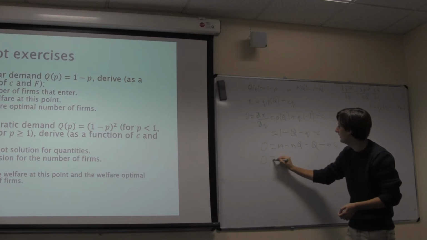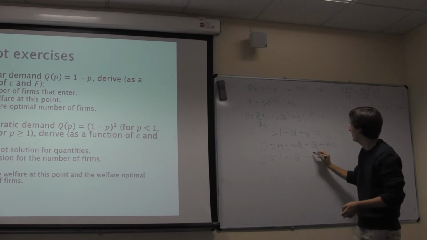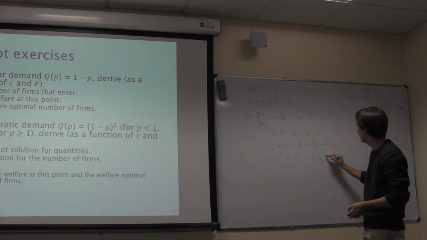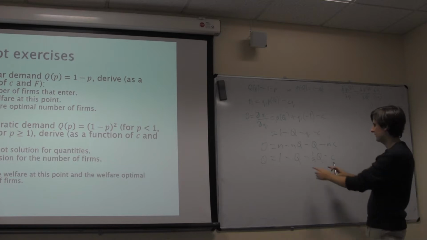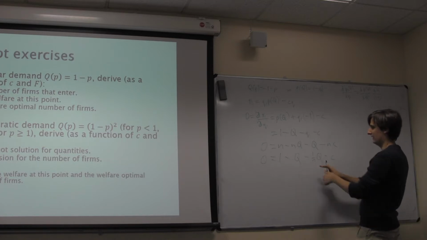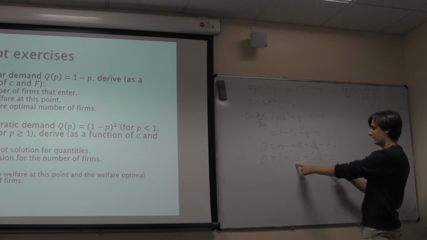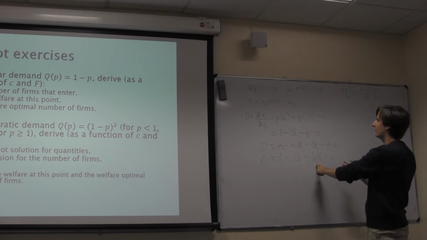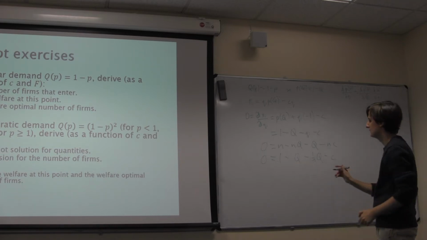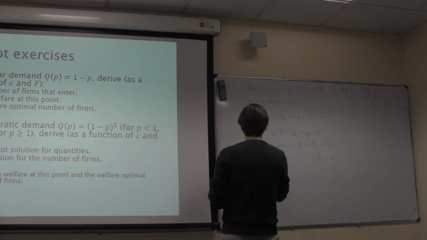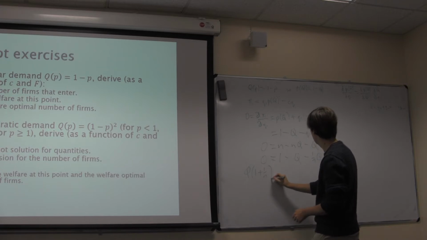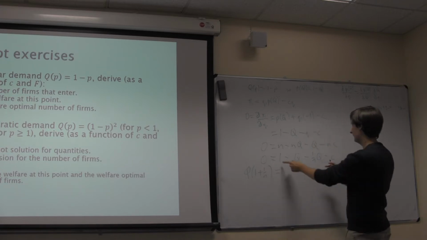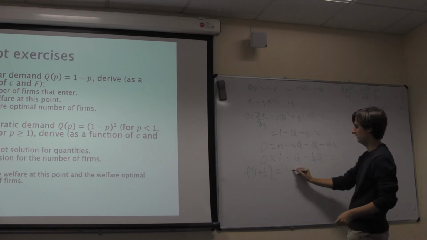Okay, so 0 is 1 minus Q minus 1 over n Q minus c. So we want to put all the Q's over to the other side. Okay, so we've got one Q there, we've got 1 over n Q's here. So Q times (1 plus 1 over n) is this minus that, 1 minus c.